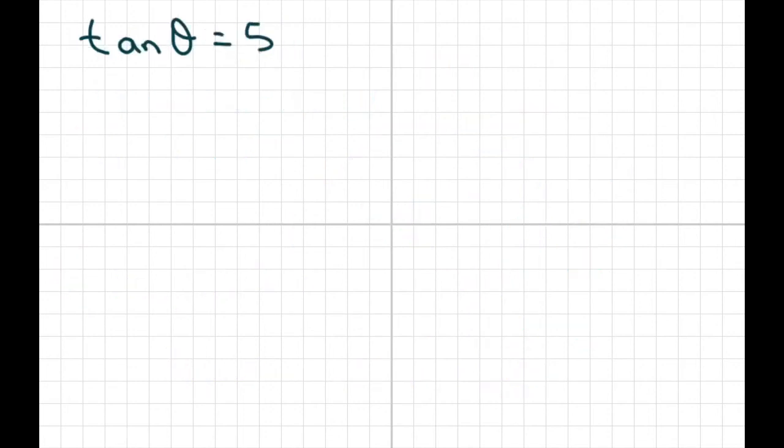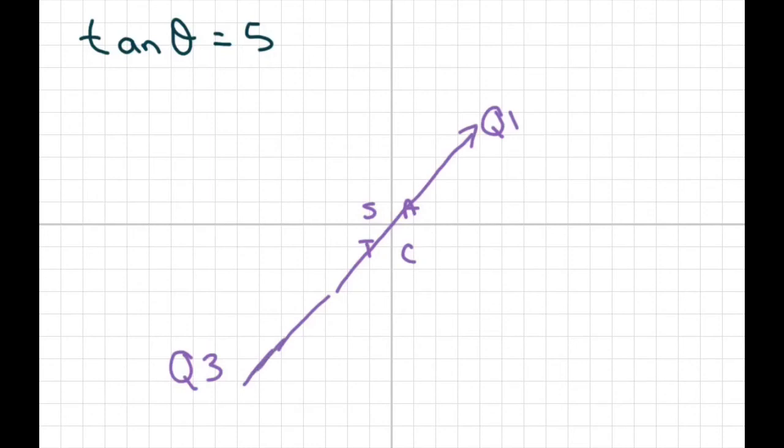And the next one we have is tan equals 5. Now remember, the range for tan is negative infinity to infinity. So we can have this number bigger than 1. So what we're going to do is do our All Students Take Calculus. We know that tan is positive in quadrant 1 and quadrant 3. So I'm just going to draw a line through here, make some acute angle, just to get an idea, and inverse that.